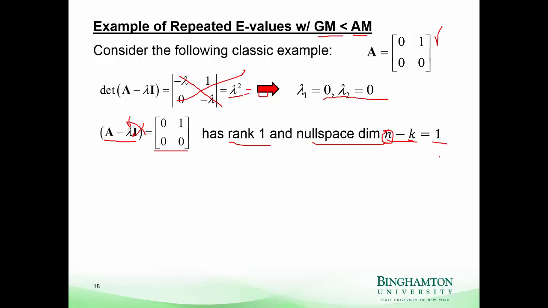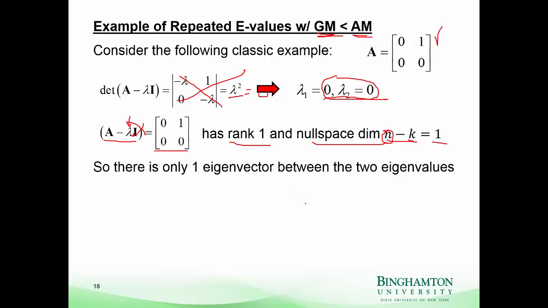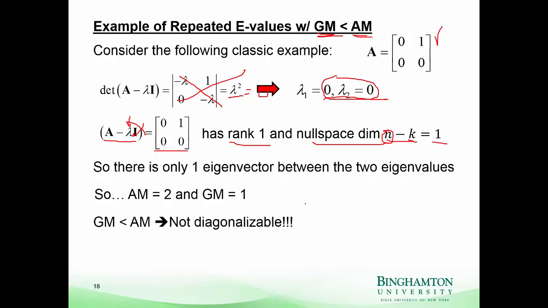The maximum I could have is 2, which would make my geometric multiplicity equal to my algebraic multiplicity, but it doesn't. I just get 1. There's only one eigenvector shared between these two repeated eigenvalues. So the algebraic multiplicity is 2, but the geometric multiplicity is 1, and that's a bad case: not diagonalizable.